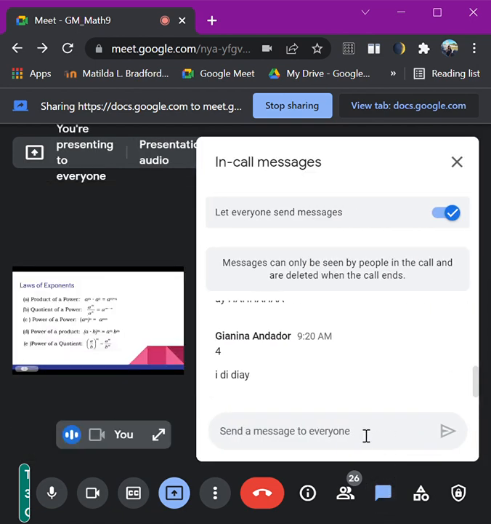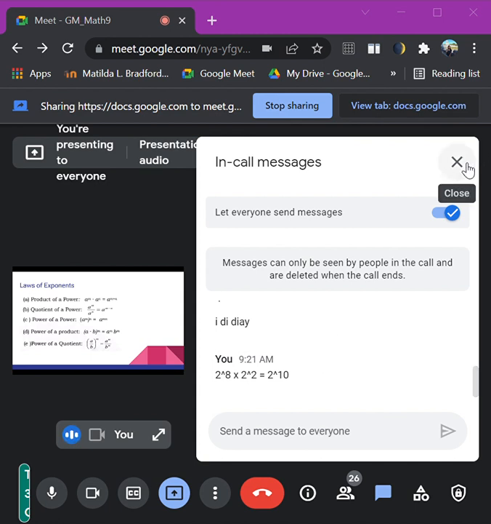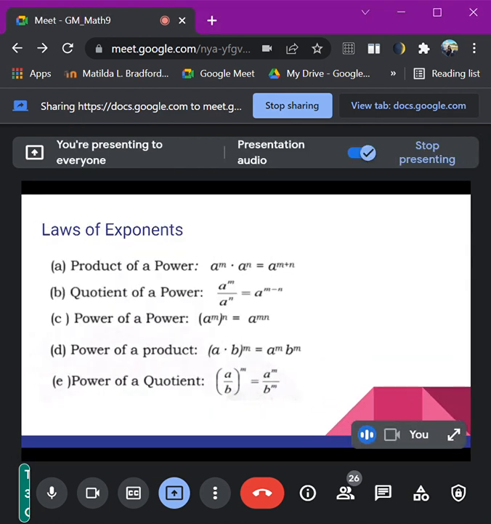Okay, maybe some of you haven't visualized it. So, this is our explanation. 2 raised to 2. Okay. So, you have there the same base, and their exponents are 8 and 2, and since the operation is multiplication, we are just going to add.